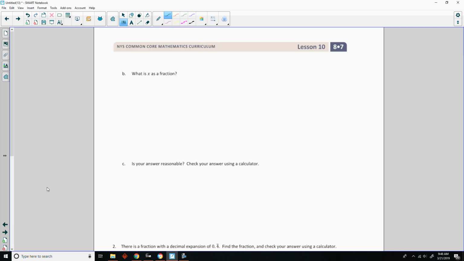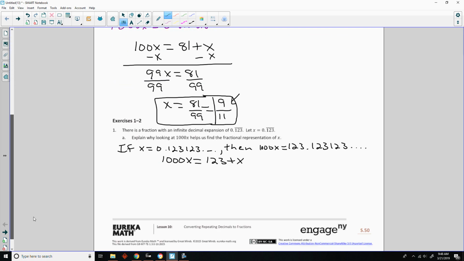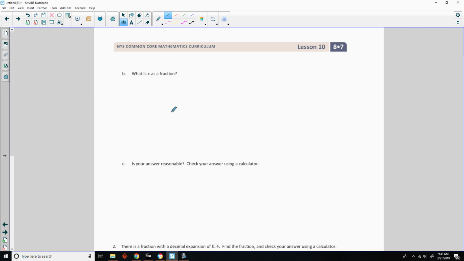Part B says, what is x as a fraction? So now they want us to solve this. 1000x equals 123 plus x. If I subtract x from both sides, then I get 999x equals 123.